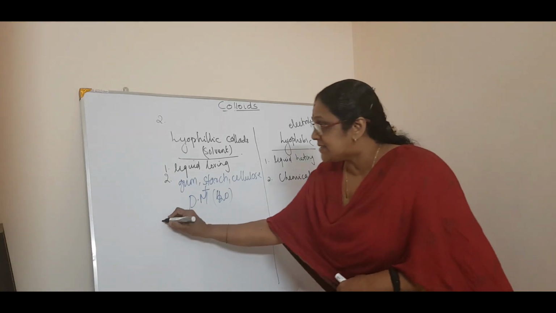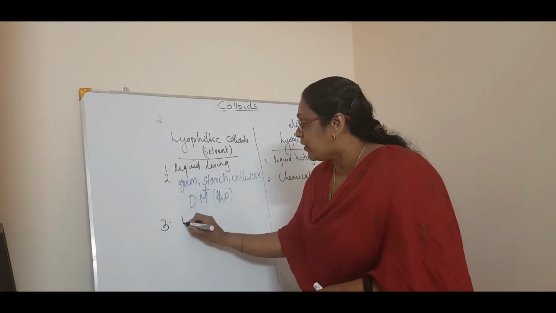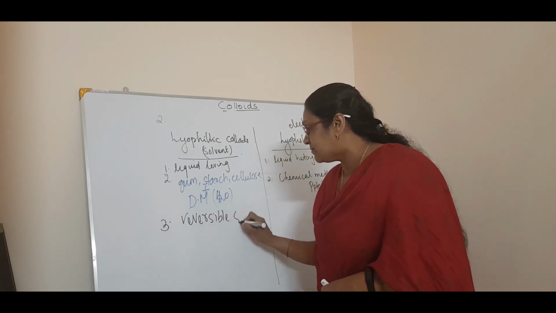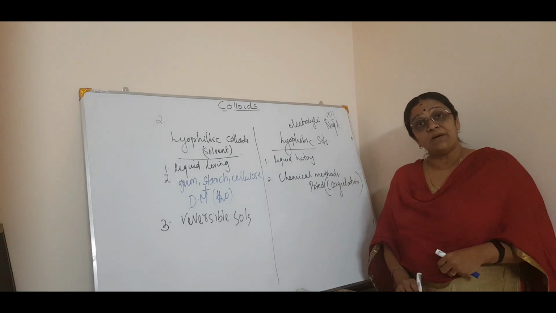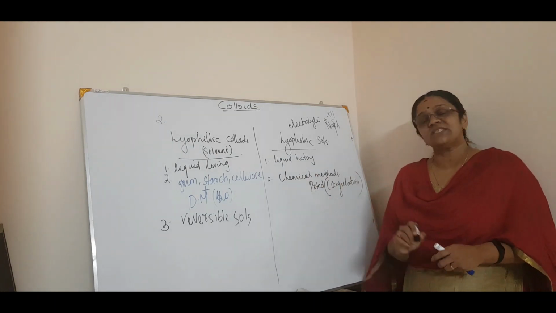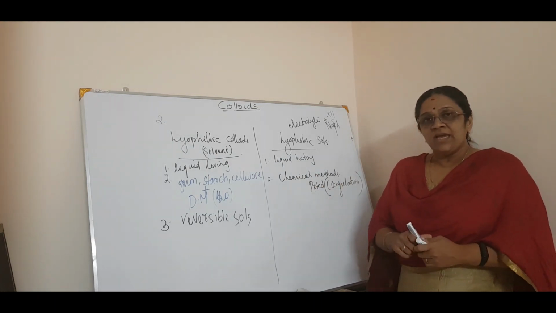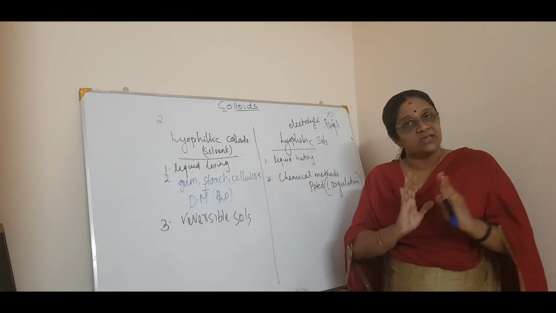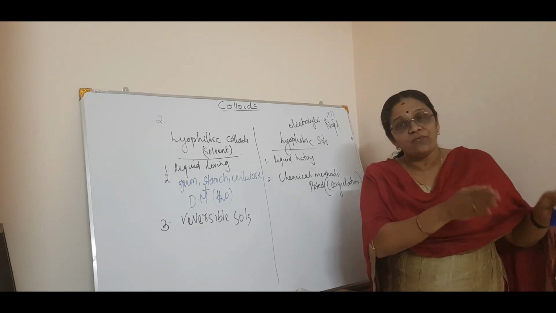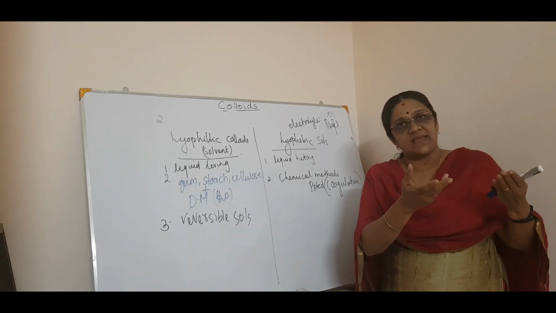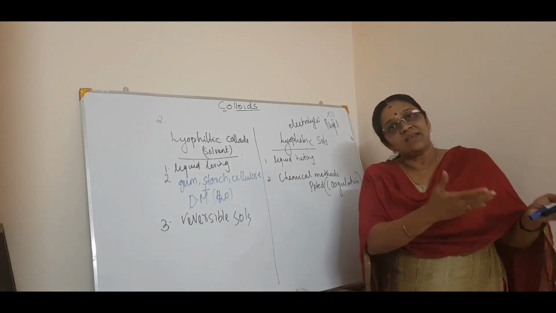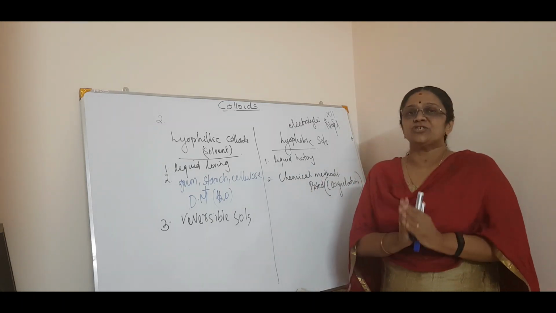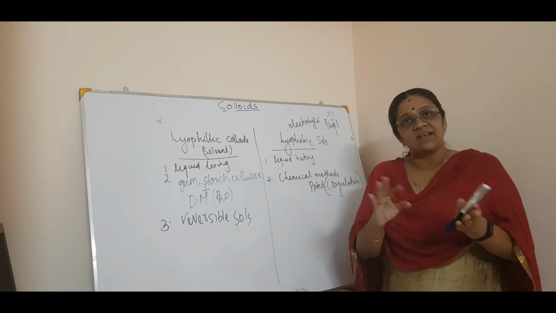Now the third is, lyophilic colloids are called reversible sols. Why do you call them reversible sols? Because you mix the dispersed phase and dispersion medium to get the lyophilic sol. But if the lyophilic sol is evaporated, this gets back into the individual dispersed phase and dispersion medium. That means the process is reversible.